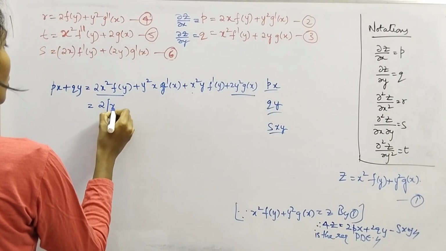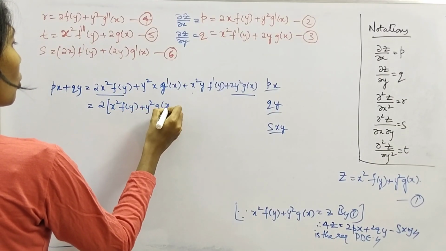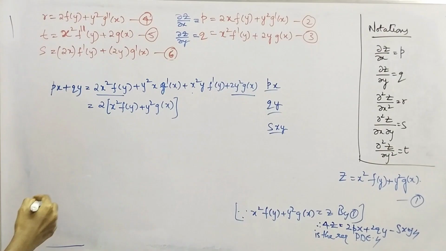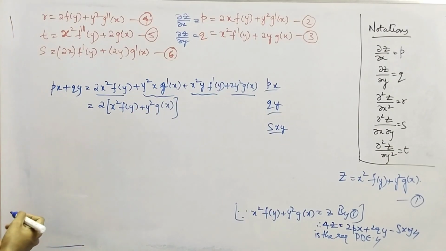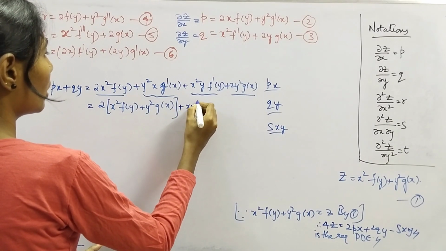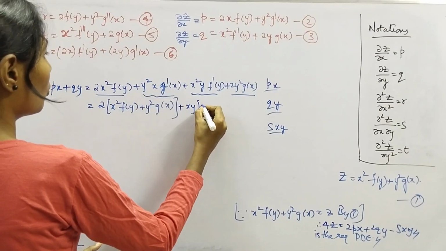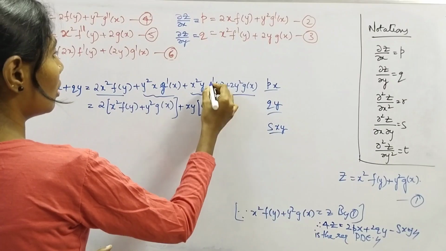You'll get 2 times x square f of y plus y square g of x. Right, now observe these two terms. Okay, you can find xy in both the terms, right? So let's take xy common. If you take xy common, you'll get xy times y g dash plus x f dash.